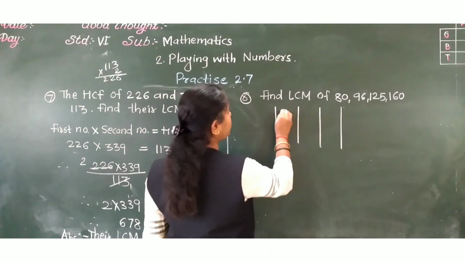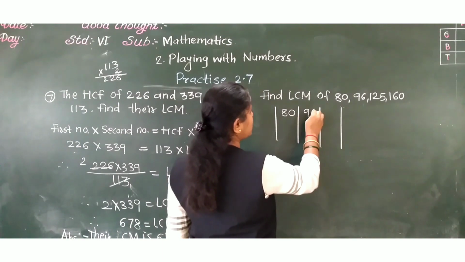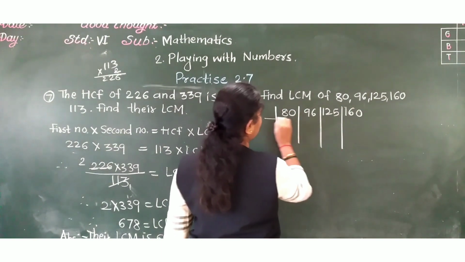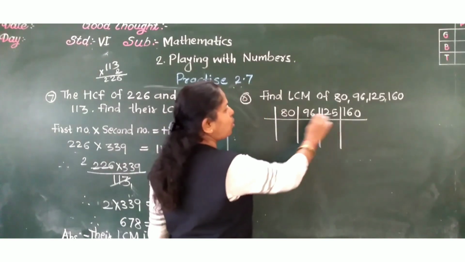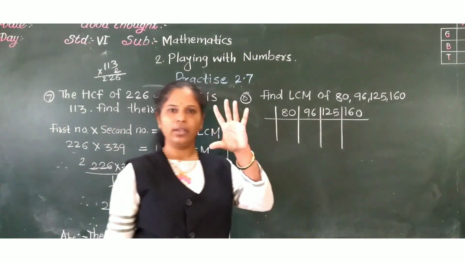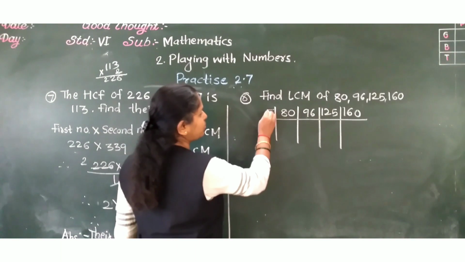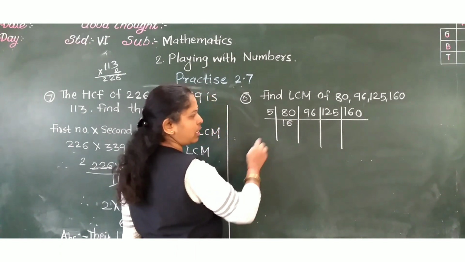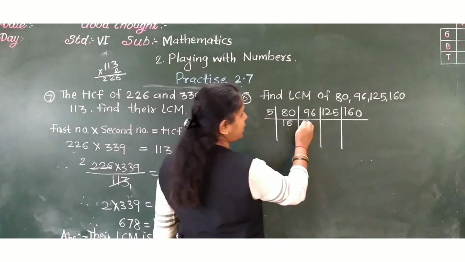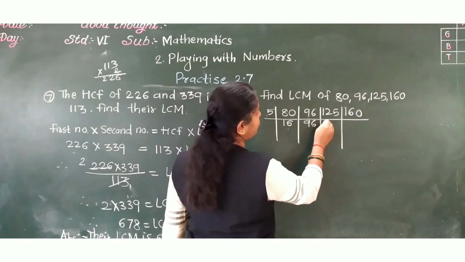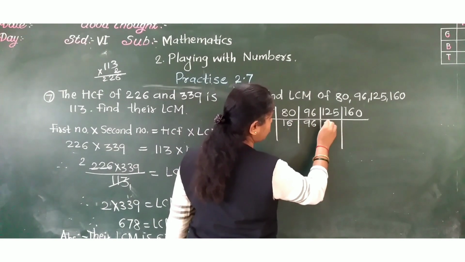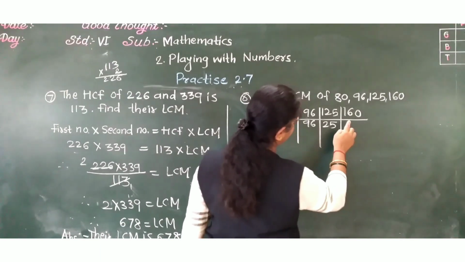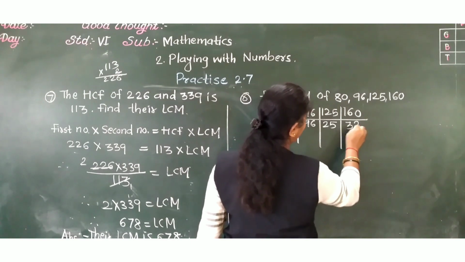At the time we can do 80, 96, 125, 160. Except 96, all other three numbers are divisible by 5. So divide them. 5 16s are 80, 5 6s are 30, 5 25s are 125, 5 32s are 160, 96 write as it is.